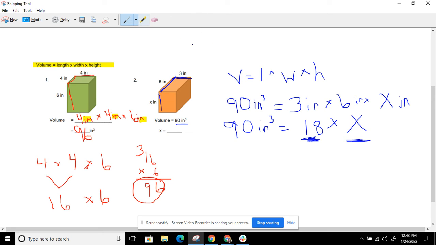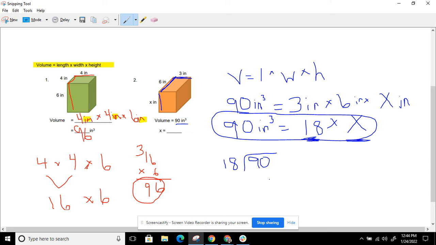I know that the opposite of multiplication is division, so I can turn this into a division problem and solve for this X. So I'm going to do 90 divided by 18, and figure out how many times 18 will go into 90.